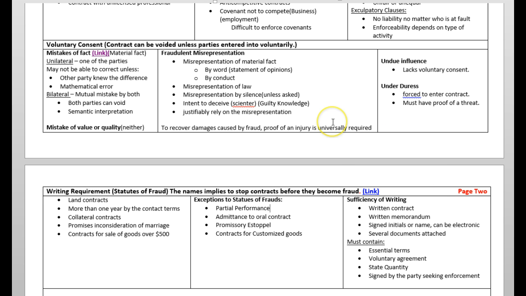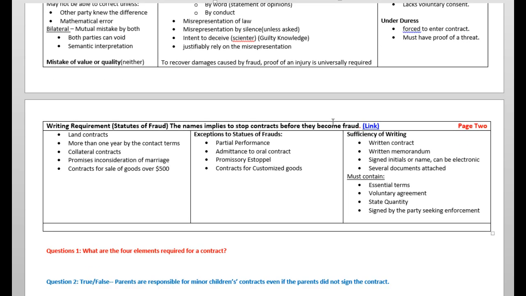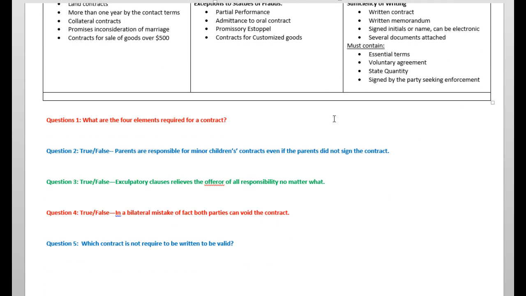So that pretty well wraps us up. We've got a couple of questions, though, that I want to finish up. True or false, exculpatory clauses relieve the offerer of all responsibility, no matter what the circumstances. Question 4 is true or false.